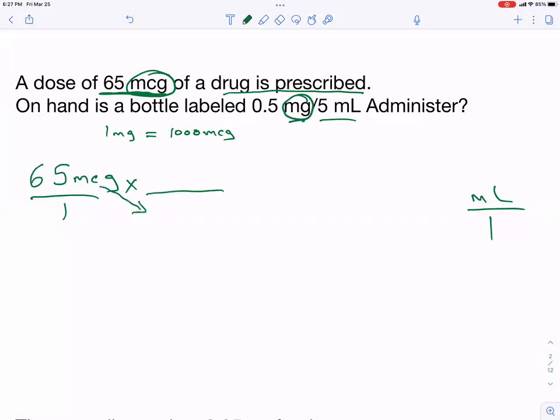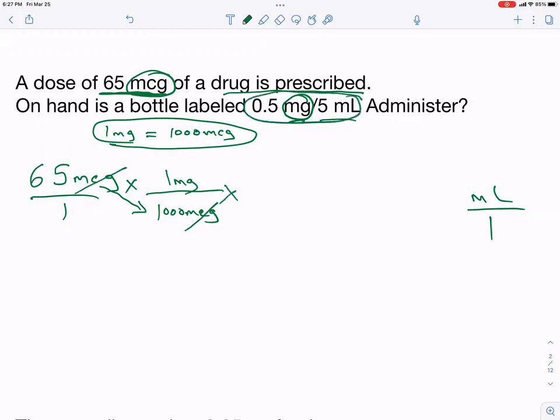I need to get to milliliters. So what do I use? I use my conversion. There's 1,000 micrograms in 1 milligram. Get rid of micrograms. And now I can use what's in my problem to get rid of the milligrams. There's 0.5 milligrams in 5 milliliters.